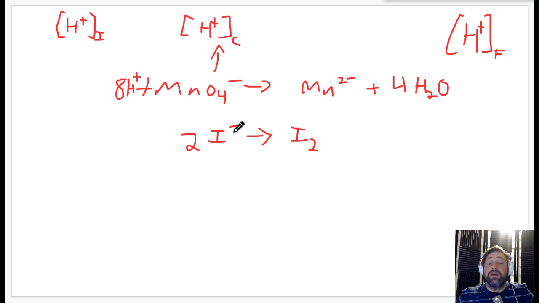Next step, charge. This bottom one, we're going to have to fix the charge. We have 2 negative on this side, neutral on this side, so we need to add 2 electrons to this side. Here we have 8 plus and a minus, 7 plus on this side, 2 minus on this side. So to balance this out, we are going to need, what is that, 7, 8, 9? 9 electrons?